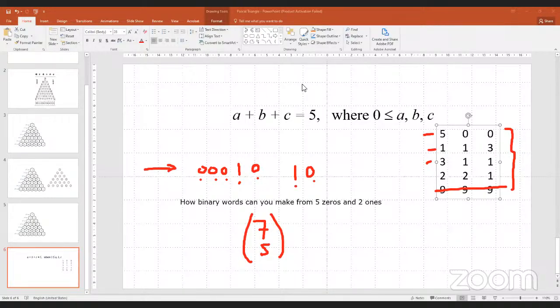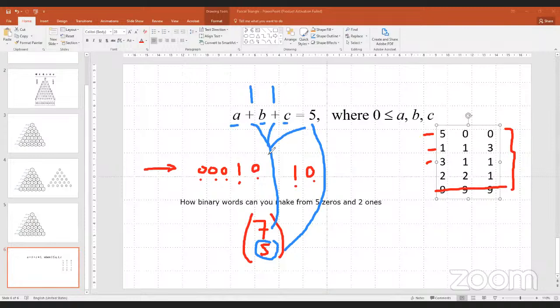This 5 is the 5 here, and the 7 is basically 5 plus those 2 borders. So the number of borders is the number of variables, 3, minus 1.